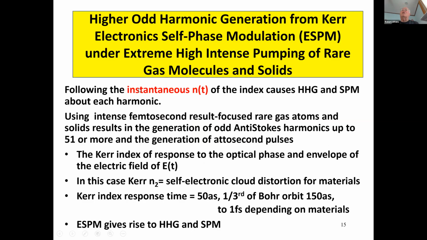Now, I'm going to be talking about the odd harmonic generation and following the instantaneous index of refraction. So in this case, we're going to talk about the material response of electronic origin, and we're going to see that when you do that, you get odd harmonic characteristics.